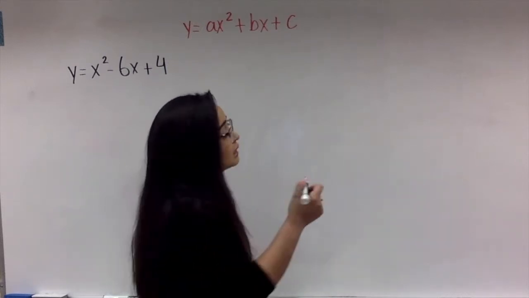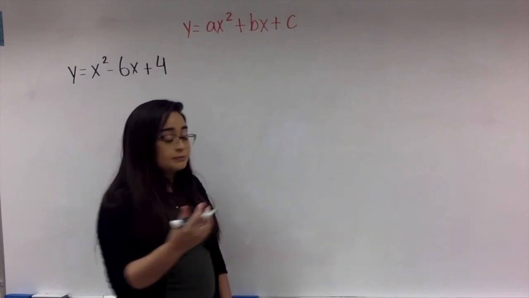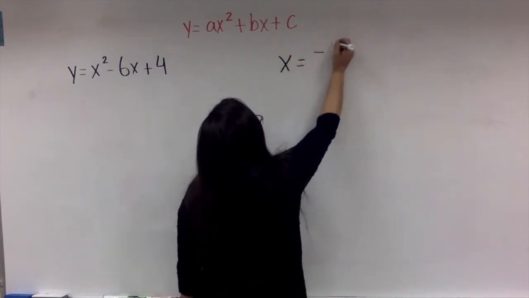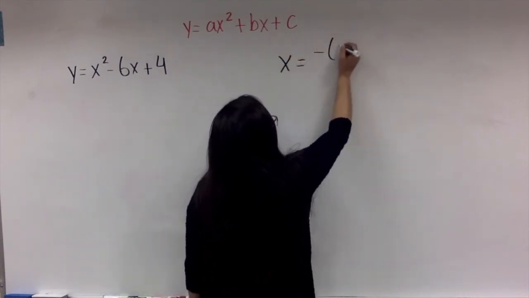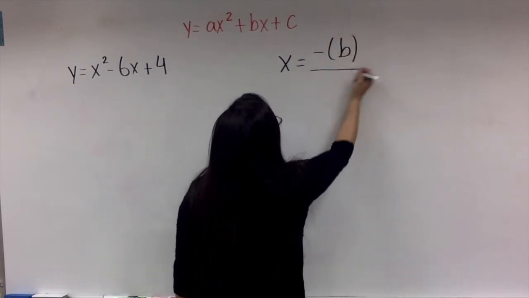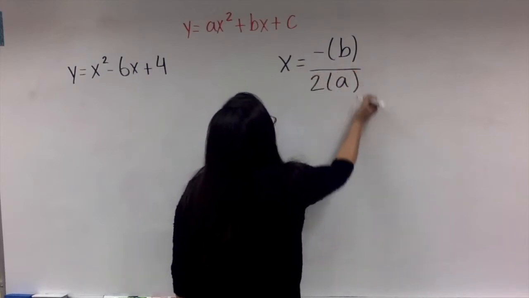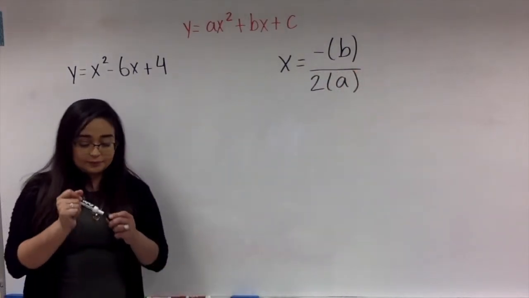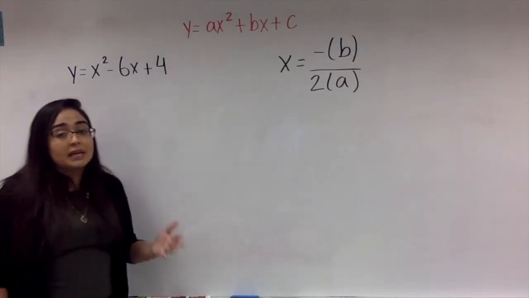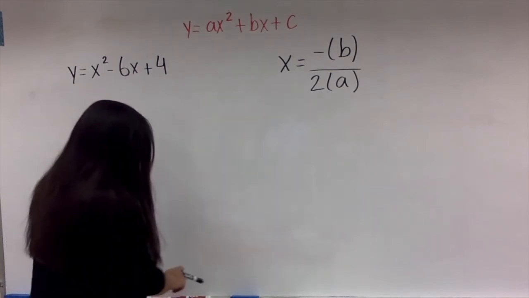The formula to find the axis of symmetry is x is equal to negative b over 2 times a. If you see this and you see this, we would be able to identify where our a and our b is.